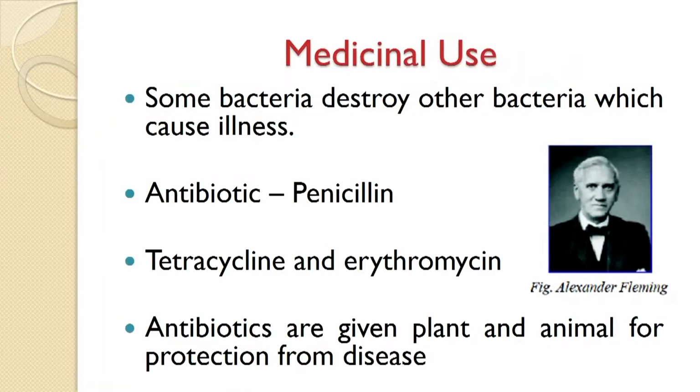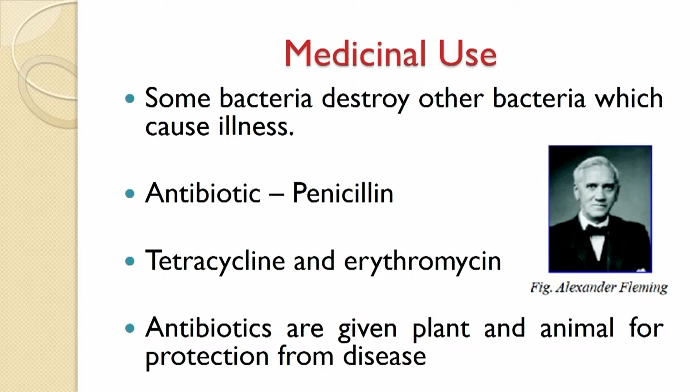And the third one is the medicinal use. Some microorganisms can destroy or kill other microorganisms, it may be virus, bacteria or fungi, and with the help of this property of microbes we can create various types of medicine for our use. It may be antibiotic or vaccine. One such antibiotic is penicillin.